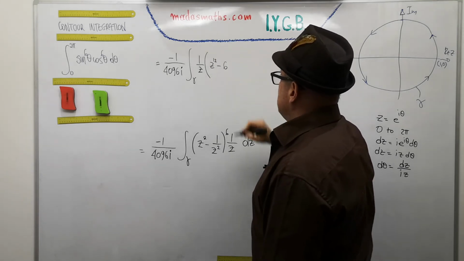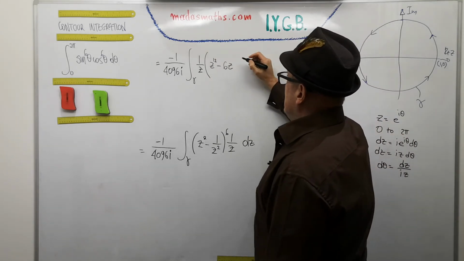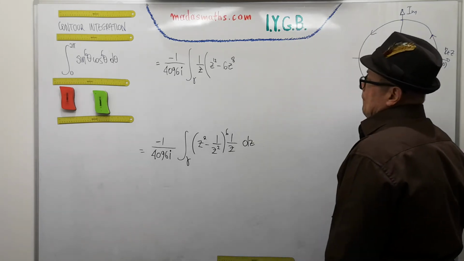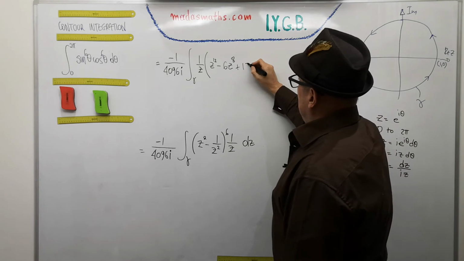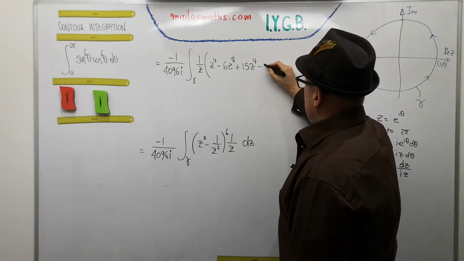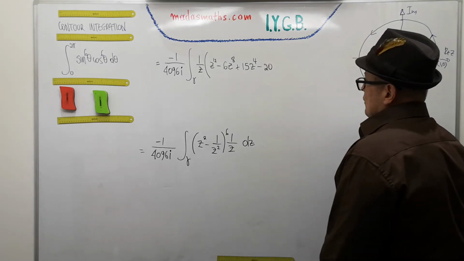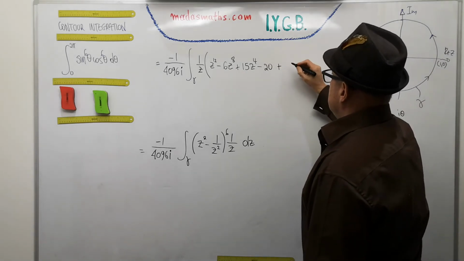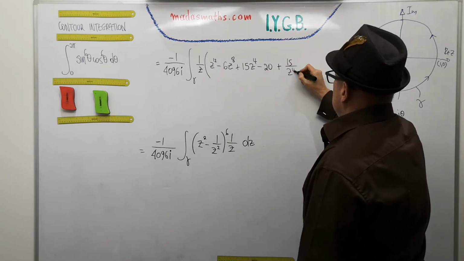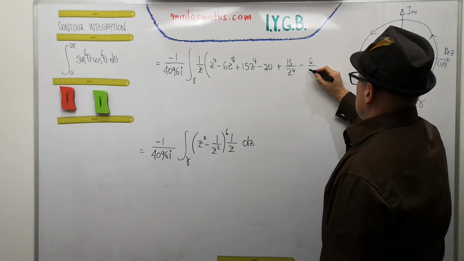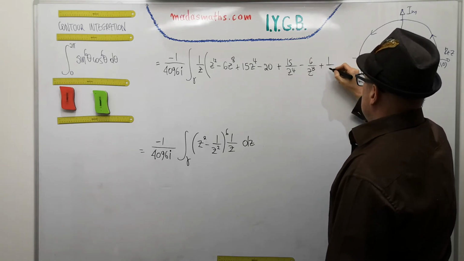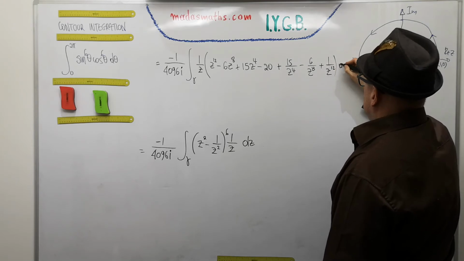Terms will alternate: 6 z to the power, going down in 4s, then 15 z to the power of 4, then a minus 20, no z on this term, plus 15 over z to the 4, then a minus 6 over z to the 8, and then plus 1 over z to the 12, close bracket, dz.